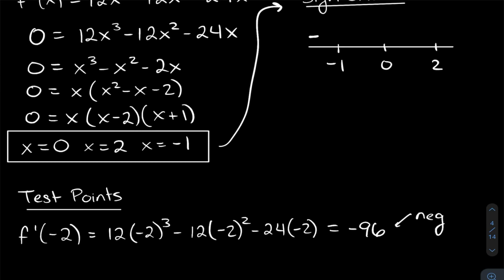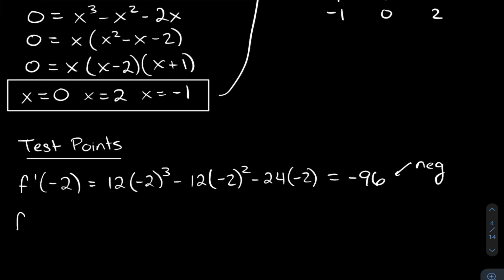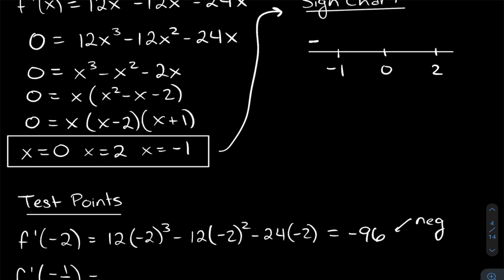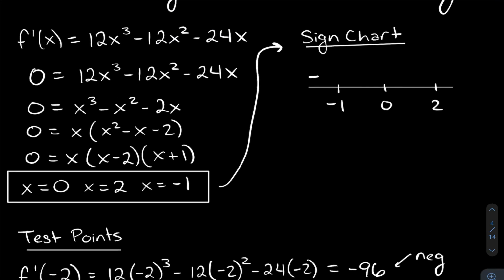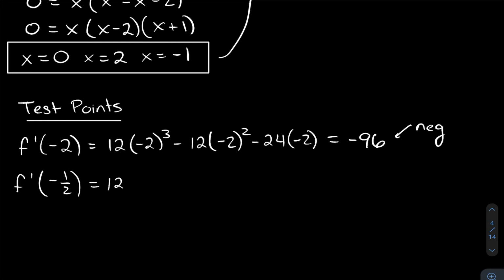Then we next have to pick a number that's in between -1 and 0. I'm going to pick -1/2. So f prime of -1/2. Now we're just going to put a -1/2 everywhere that we see an x in the derivative. So we're going to do 12 times -1/2 cubed minus 12 times -1/2 squared minus 24 times -1/2.